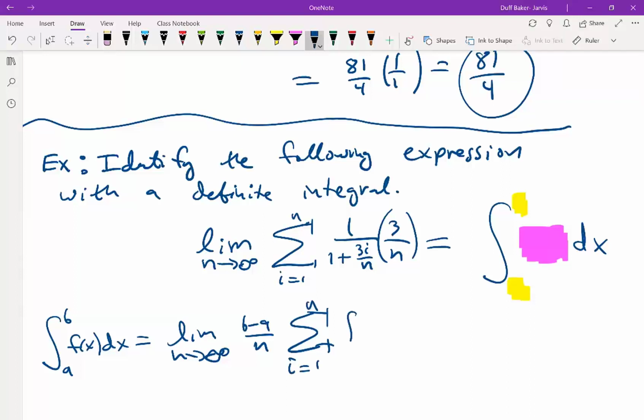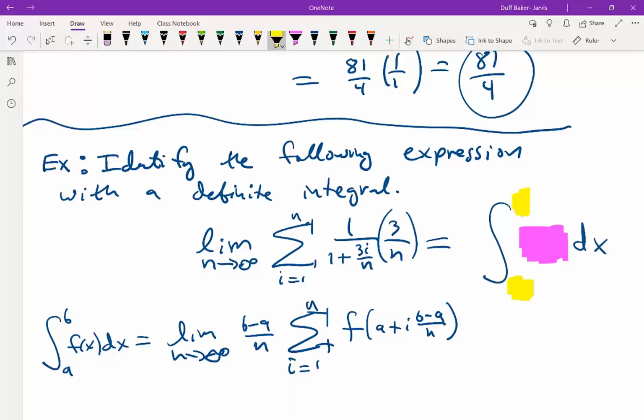So that would be f of a plus i times delta x over this, right? Okay, and so basically the idea is you want to compare these and match up these three pieces of information that I highlighted over here on the right.